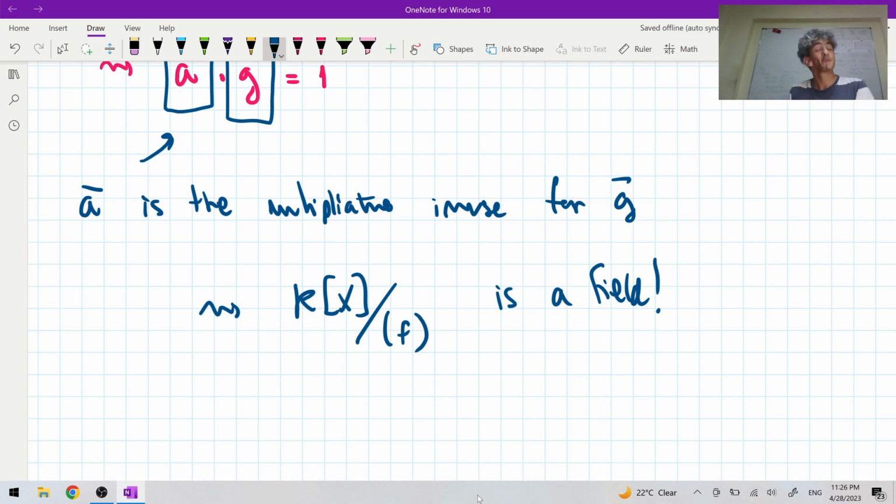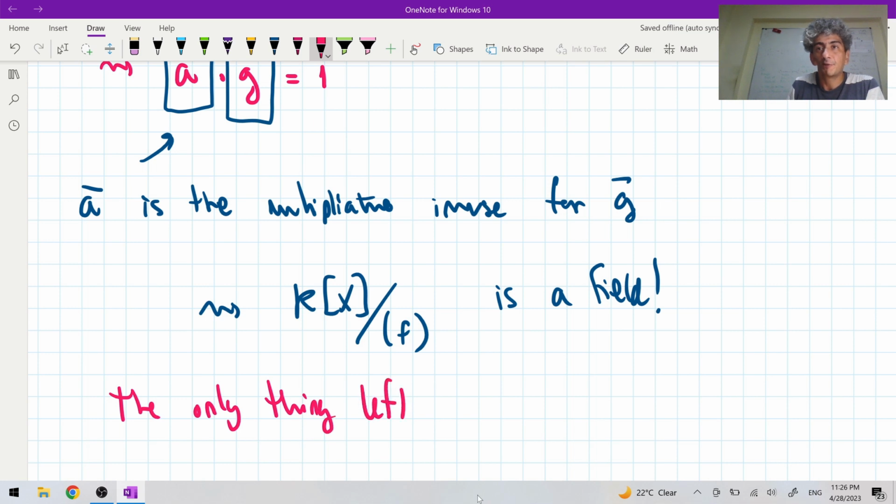This is a field. The only thing left to be shown is that it contains a root for f.